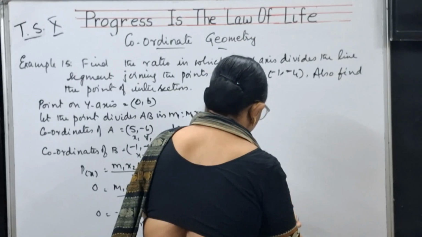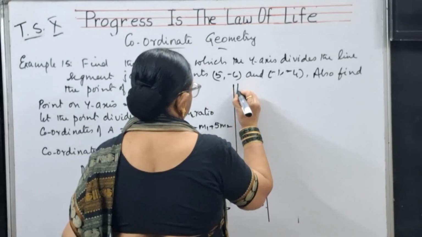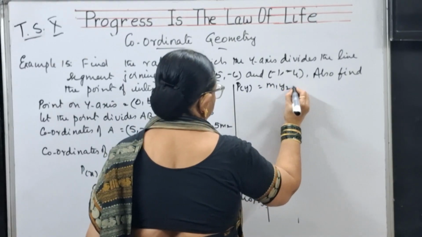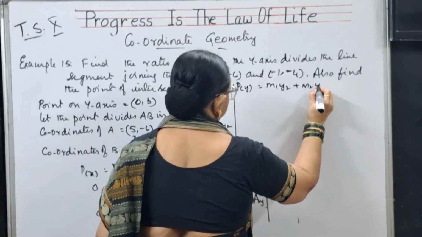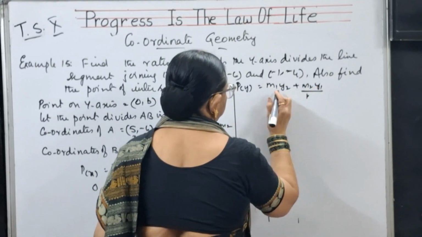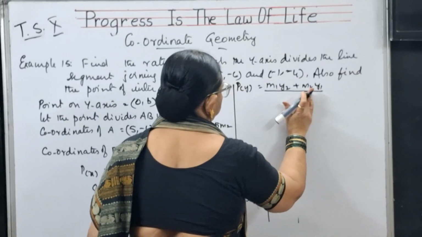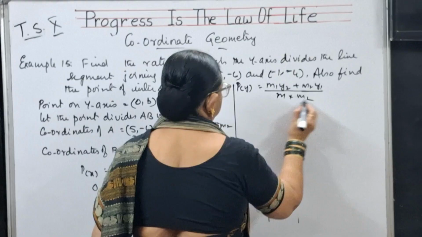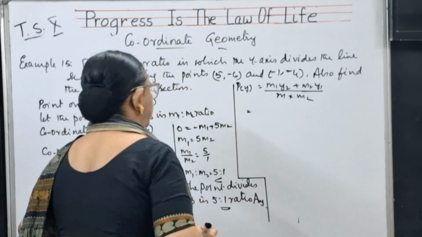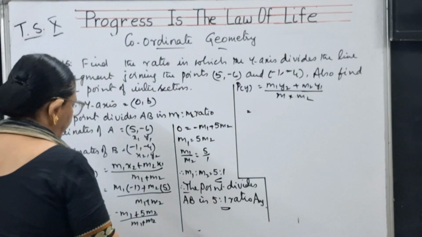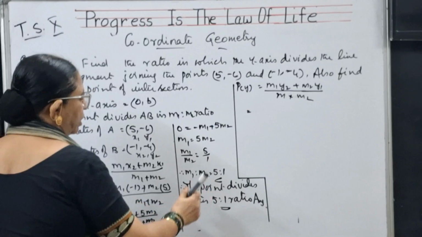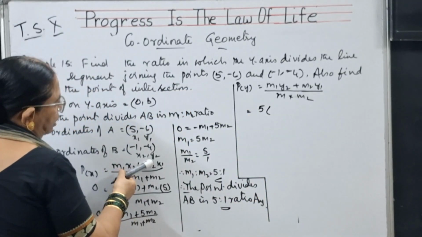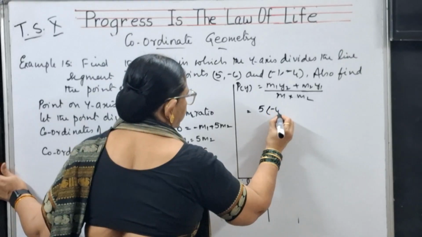P of y is equal to (m1 y2 plus m2 y1) by (m1 plus m2). So here what is m1, children? m1 is 5. What is y2? Here y2 is minus 4.